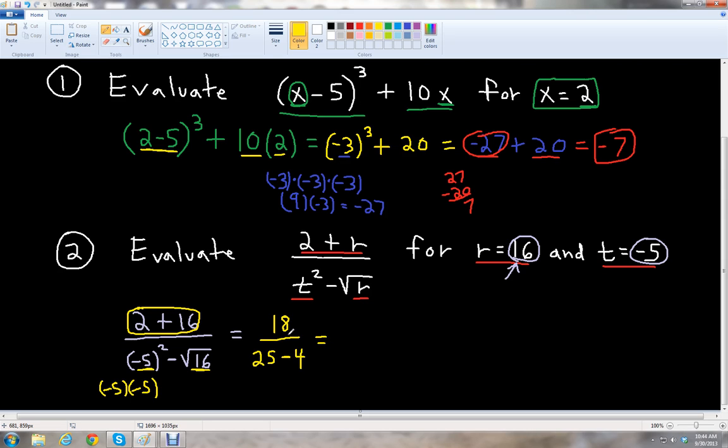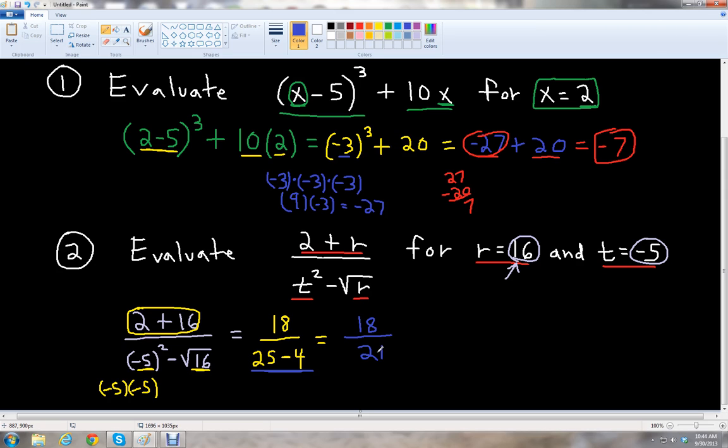So we have 18 over 25 minus 4. And so that's going to give us 18 over, and then the next thing to do is subtract 25 minus 4, and we get 21. Our last step here is we probably need to simplify, right? 18 over 21.